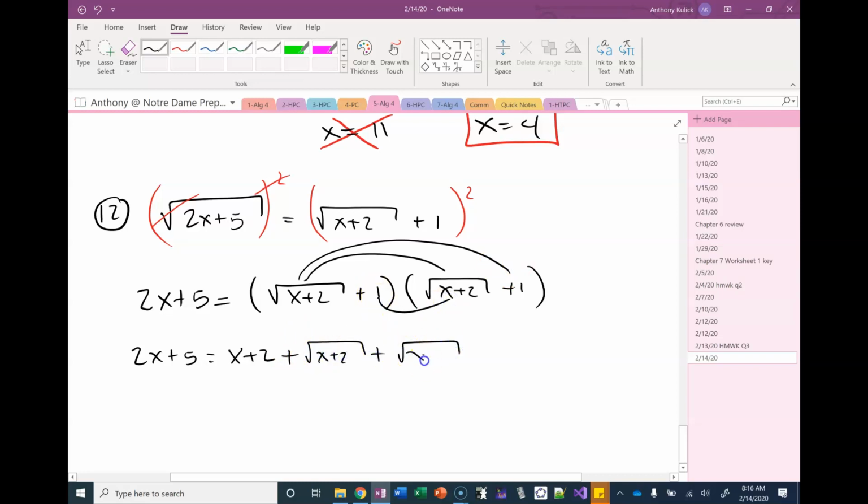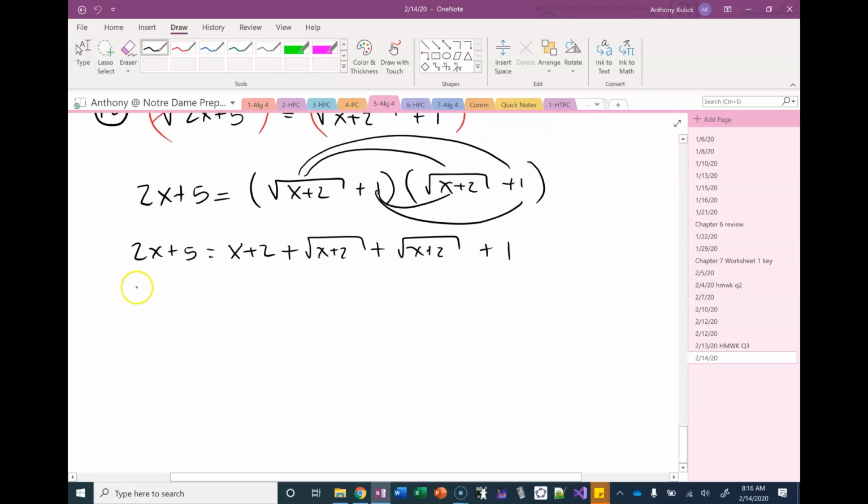Same thing. And then obviously 1 times 1 is 1. Okay. Let's combine some like terms here. Everybody good there? Okay. What do I do next?